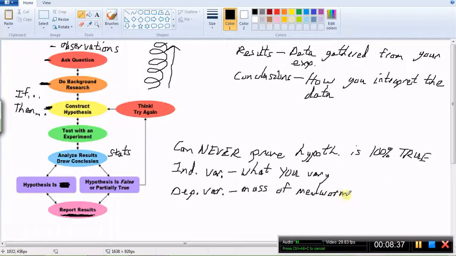So the independent variable, what you vary, is the type of food in our example. Then the dependent variable, mass of the mealworms, is what you measure. The dependent variable is what you measure.